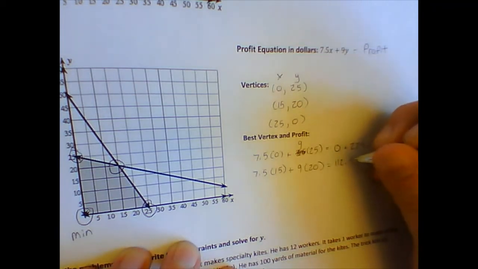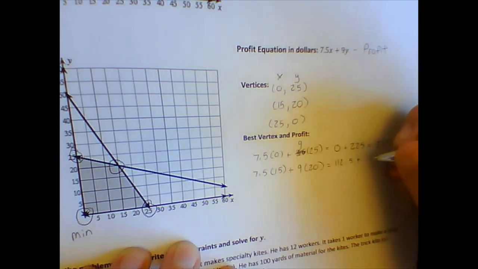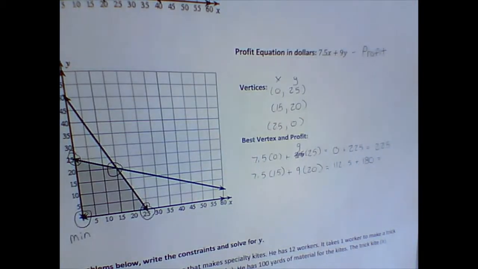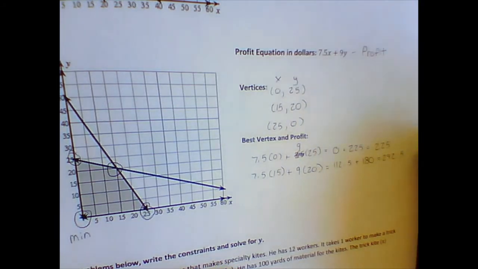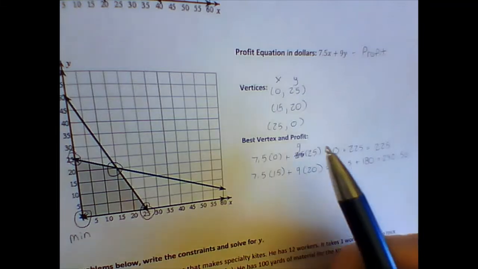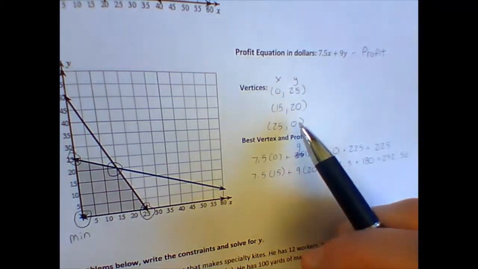So 7.5 times 15 ends up being 112.5, and we're going to add that on to 9 times 20, which is 180, that one's not bad. 9 times 2 is 18, with a 0, 180. So we're going to add those together. We get 292.5. Because profit is usually in money, you can add a 0 to make it 50 cents, if that makes more sense.